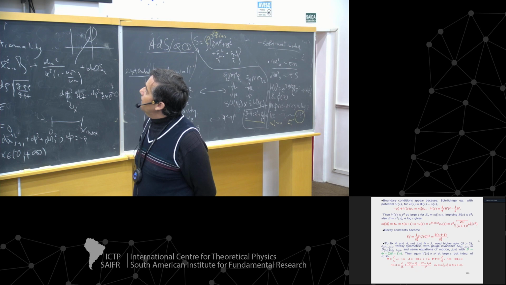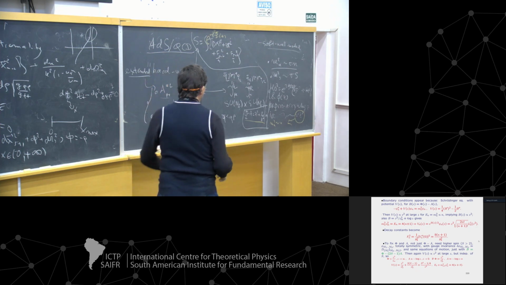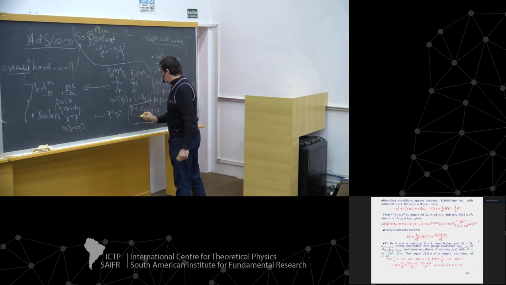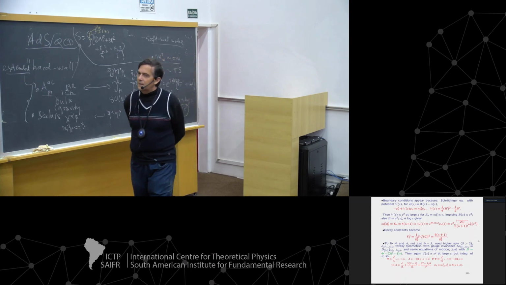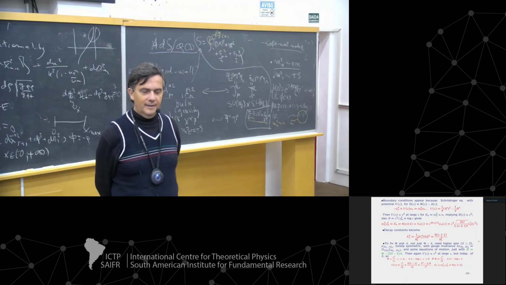Yeah, decay constants I haven't told you about. But so now through this behavior we fixed phi minus a to be z squared plus log of z. But that does not fix individually phi and a.